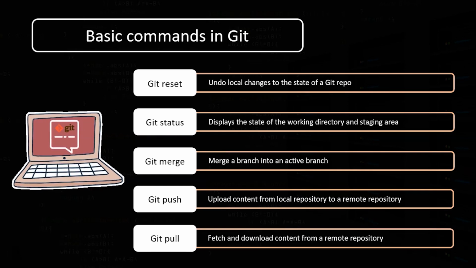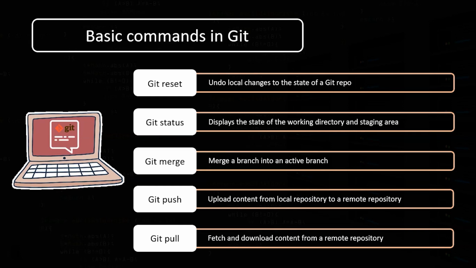Right, and the last one is git pull. Git pull is the opposite activity of push. You might have seen that other developers are also doing check-ins or push activity to the remote repository. If you still work on an old version of your source code, it may cause a lot of problems for you.